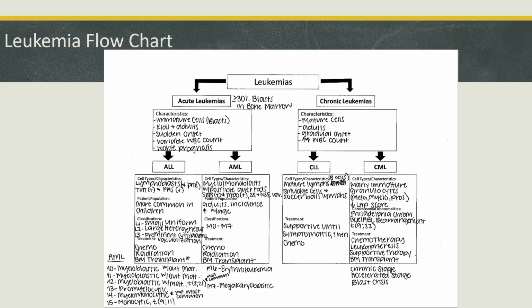Bone marrow transplant is the only way to really completely wipe it out for the most part and have the best prognosis. However, younger people tend to have better outcomes with bone marrow transplant than older people do, simply because a lot of times with the process of getting ready for a bone marrow transplant, we have to go through extreme chemotherapy or high doses of chemotherapy, maybe even some radiation, prior to the transplant to kill out that malignant bone marrow that's present.